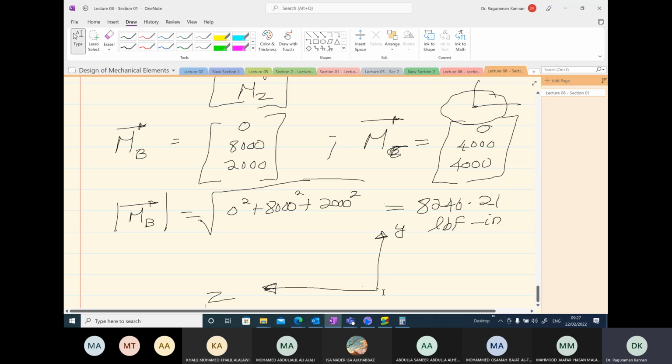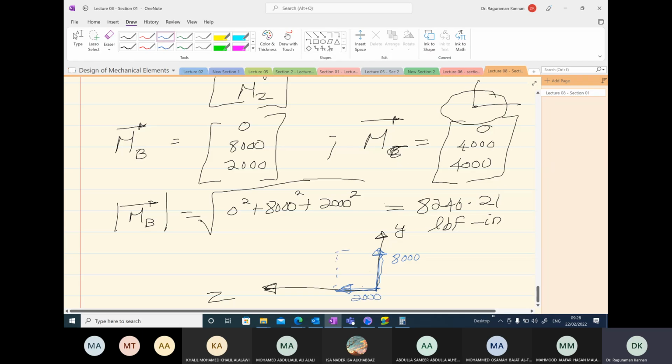So we have a component of bending moment with respect to the y-axis and z-axis, but I want the resultant direction. How do I get it? It's very simple. Along the y direction we have 8,000, so I can draw the component along the y direction as 8,000, and along the z direction as 2,000, a little shorter.